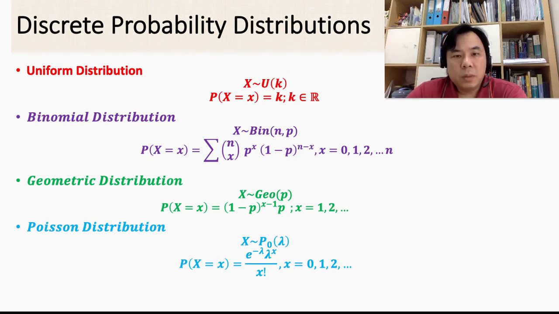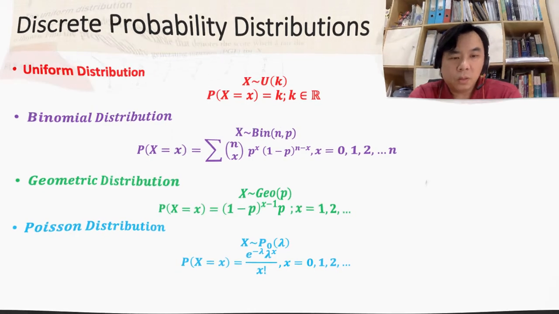Right, so I hope that gives you a brief idea, just to recap all the discrete probability distributions that we are going to build the probability generating functions on. We're going to create each individual probability generating function for the uniform, binomial, geometric, and lastly the Poisson distribution. Right, so stay tuned.